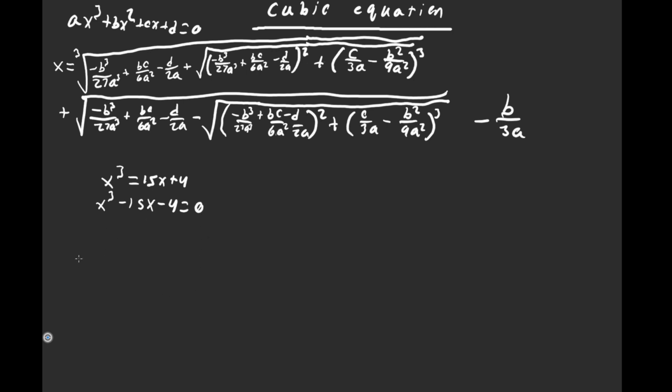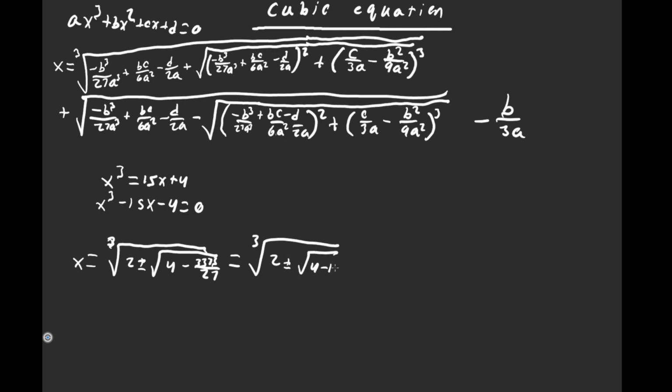And now let's use the formula again. We get x equal to the cube root of 2 plus or minus the square root of 4 minus 3,375 over 27, which is equal to the cube root of 2 plus or minus the square root of 4 minus 125. 4 minus 125 is -121, and 121 is a perfect square, so we get plus or minus 11i, because the square root of 121 is 11.